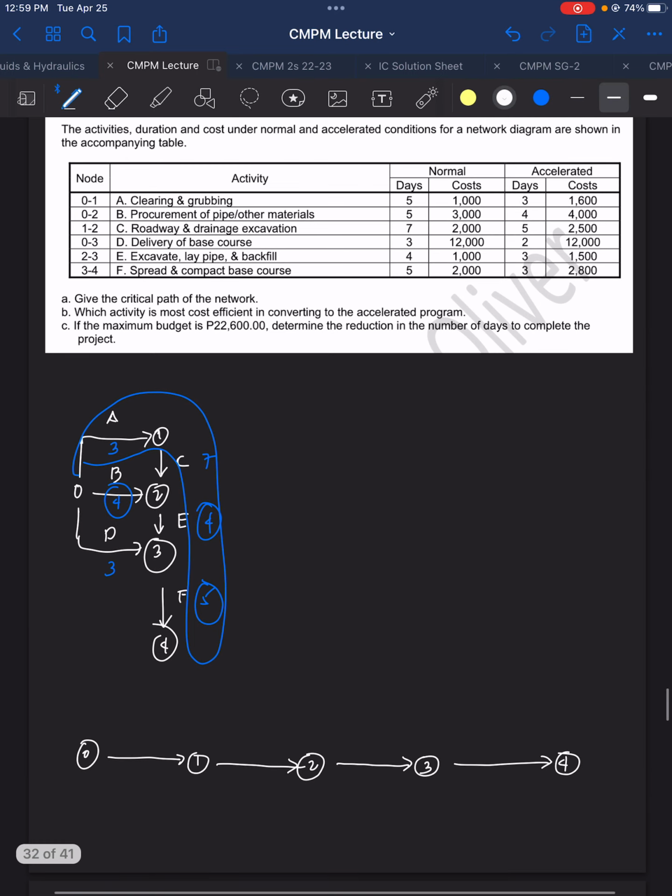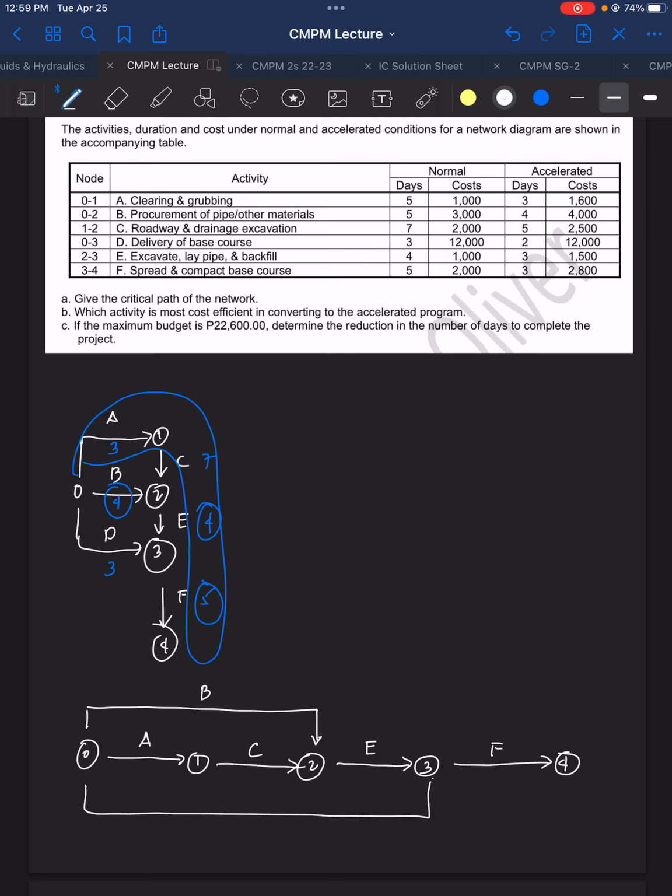And then we have 0 to 2 for B, because we have A for 0 to 1, 1 to 2 for C, 2 to 3 for E, and then this is F. How about D? Where is D? 0 to 3. Okay, now this looks more presentable.